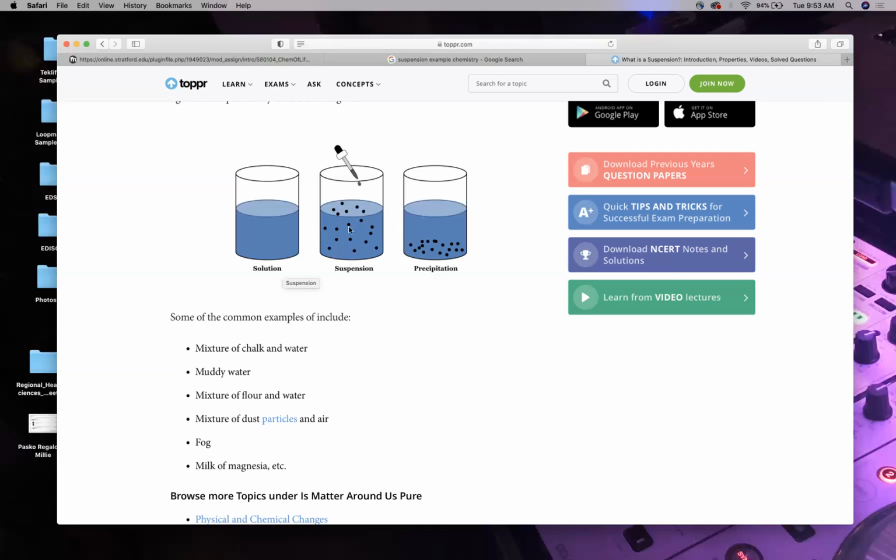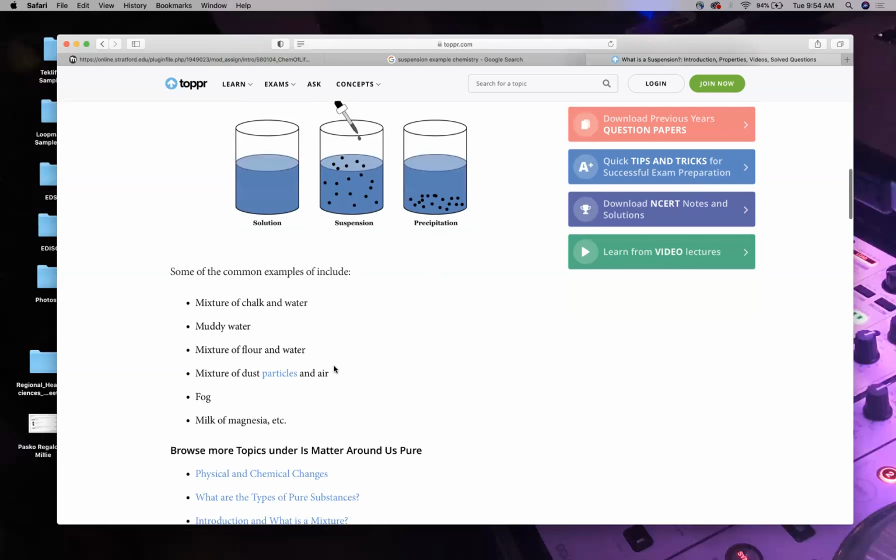In a suspension, if I let it hang out, the little extra bits by gravity are going to start to fall to the bottom, and that's called a precipitate or precipitation. Now, a good example of a colloid is mayonnaise. It's all mixed up, but it's suspended up in there.